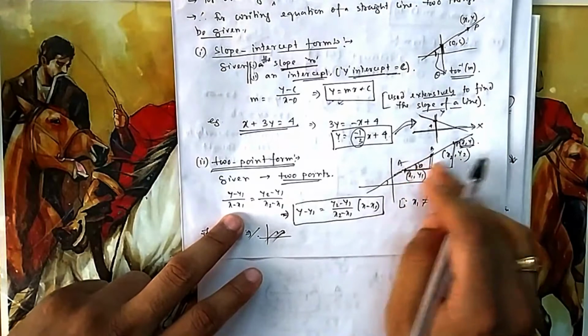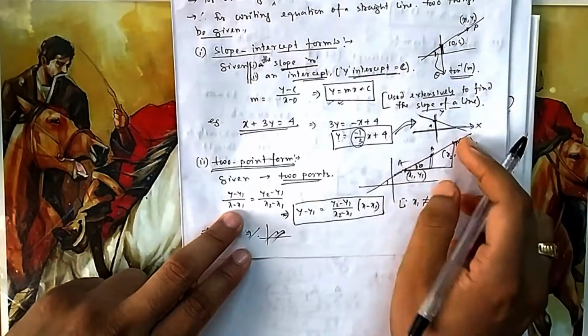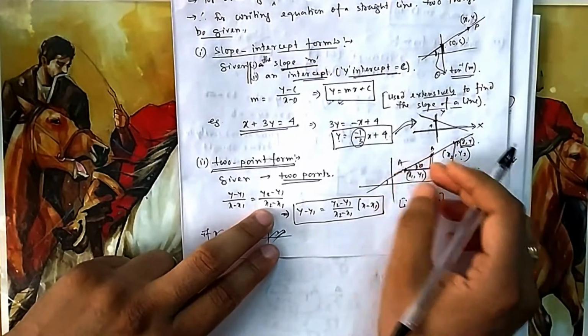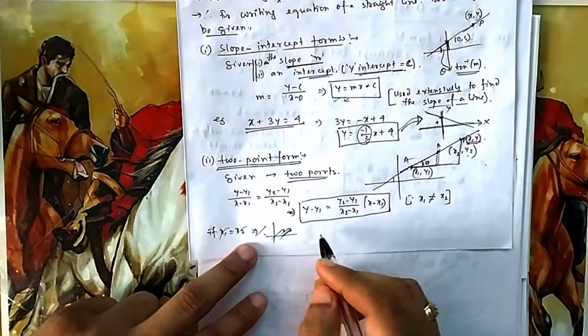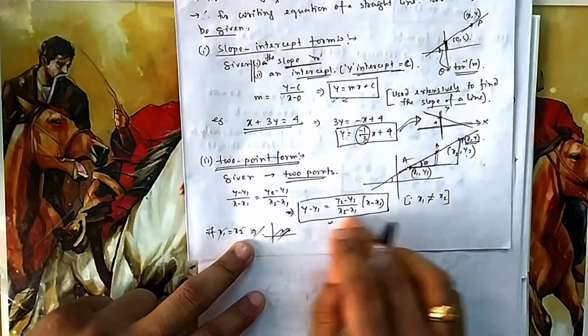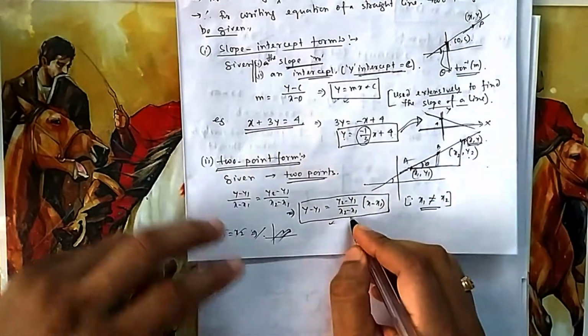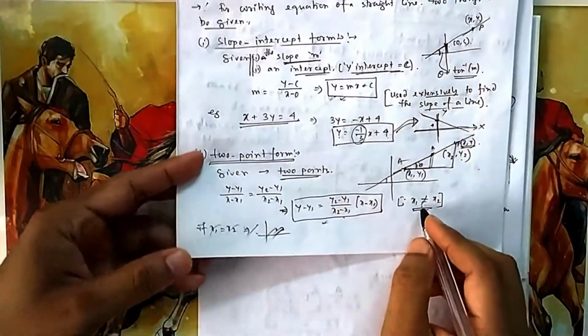So tan theta will be y minus y1 divided by x minus x1. Similarly here, y2 minus y1 by x2 minus x1. If you take a little side change, it will be something of this fashion, provided that this should not be equal to. If this is equal, then this becomes undefined. So what will happen if this becomes equal? x1 becomes x2.